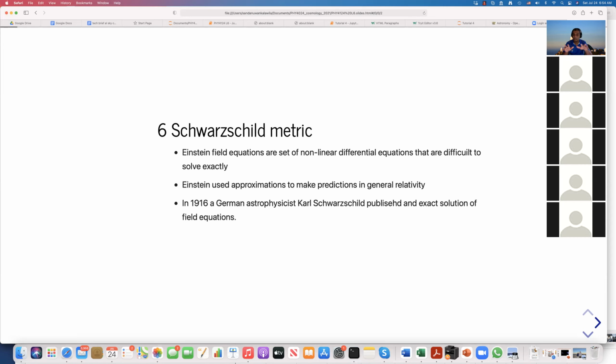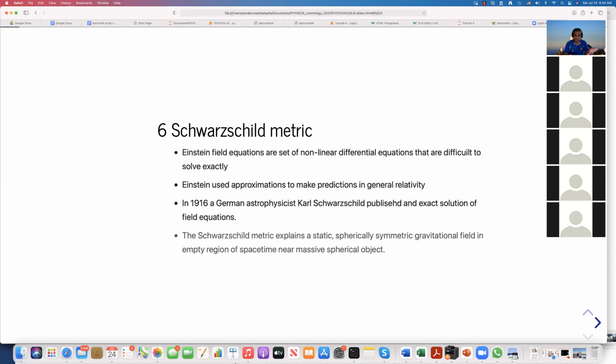His exact solution was based on the Schwarzschild metric, so that's why we are going to talk about that. He has this metric called the Schwarzschild metric, which describes a static, spherically symmetric gravitational field in an empty region of space-time, right?